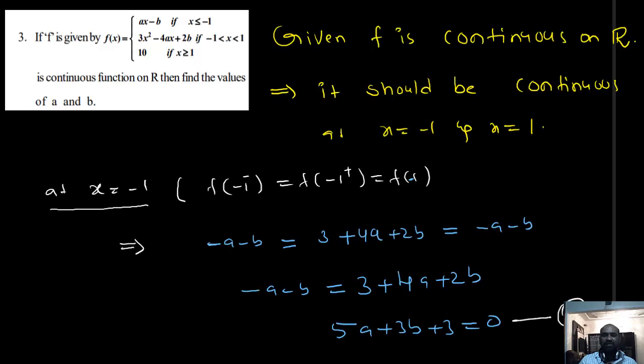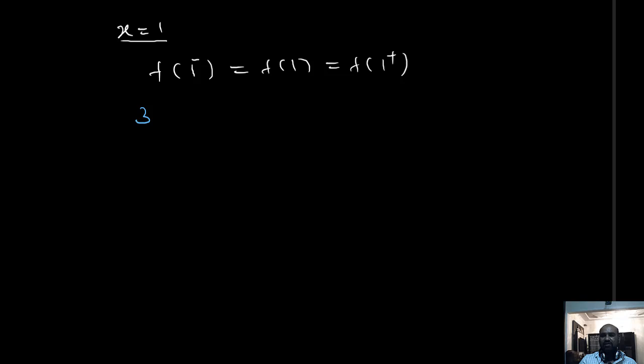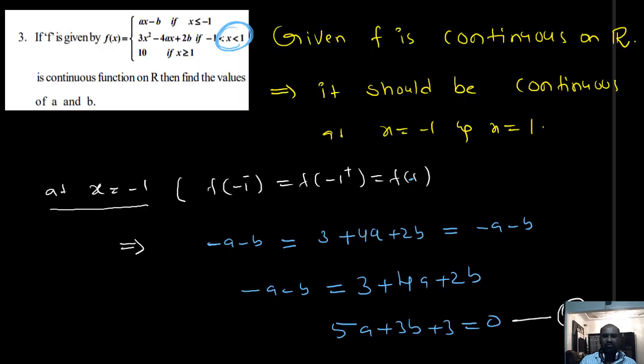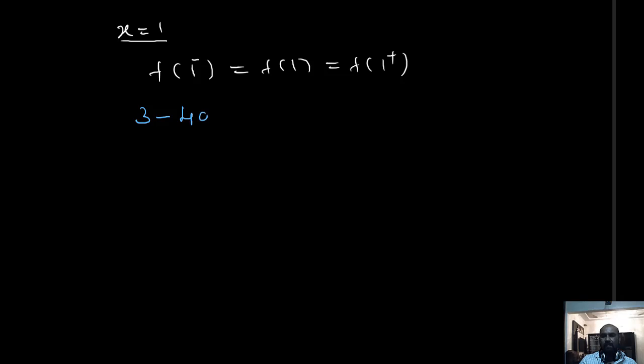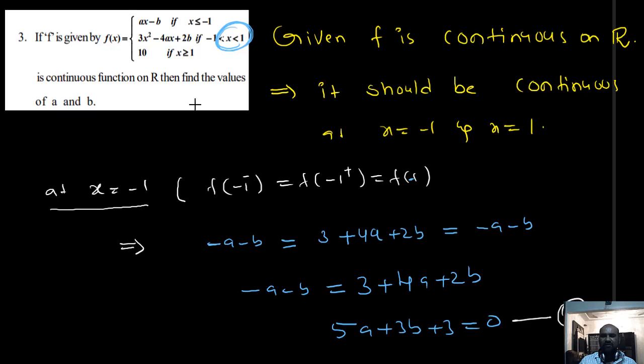For f of 1 minus, in this rule put x equal to 1. What we will get? That is 3 - 4a + 2b. I think I want to check.